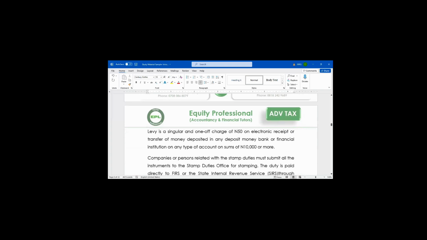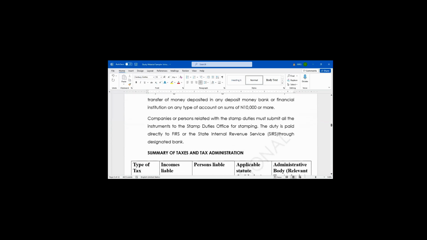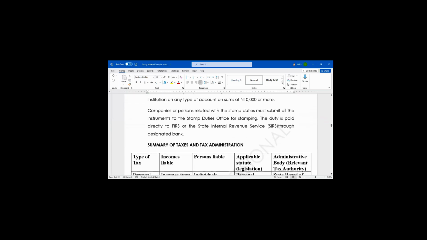Such a transaction becomes legally binding, so that transaction can be used as evidence in a court of law once you pay stamp duties on it. So those are the types of indirect tax that we have.